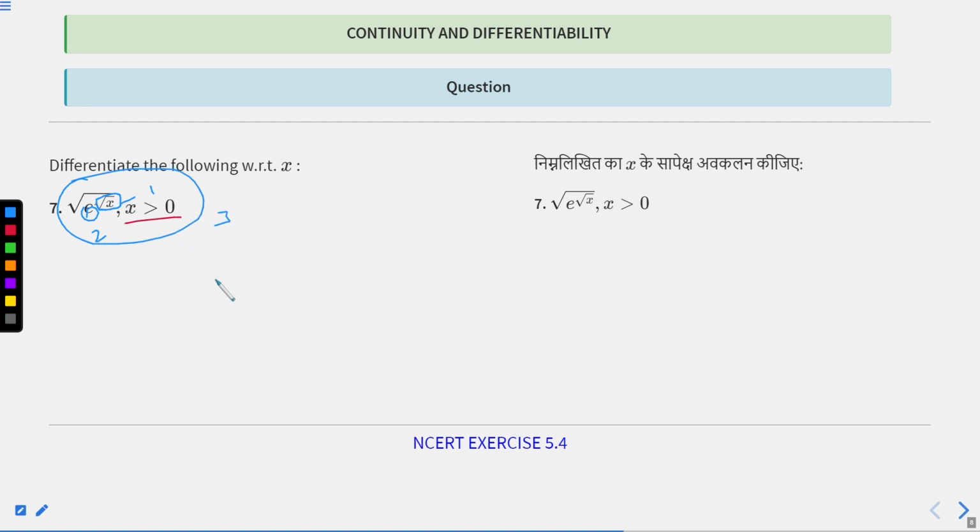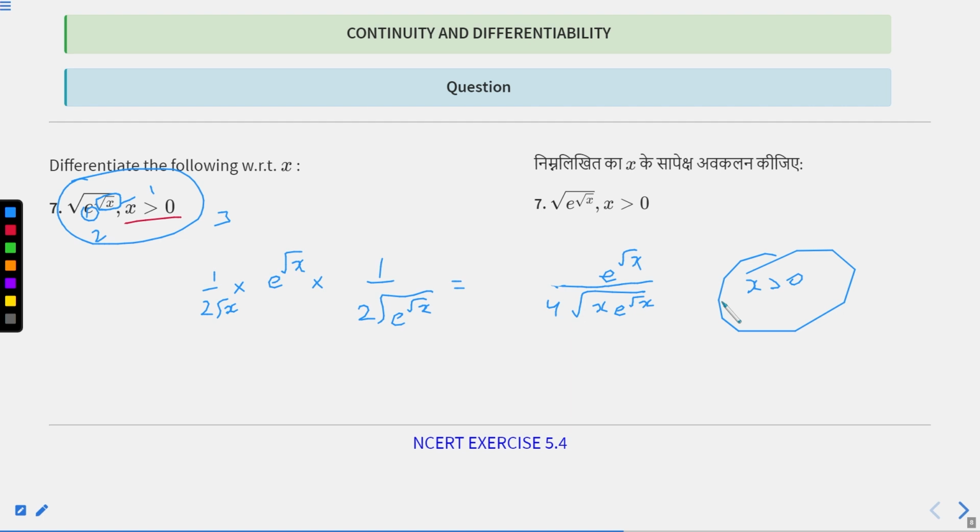Now the innermost thing, root x, has derivative 1 by 2 root x, multiplied with e power root x, multiplied with 1 by 2 root of whatever is inside. So you get 1 by 2 root x e root x, and in the numerator e power root x. You will have this as your answer, where x must be positive.